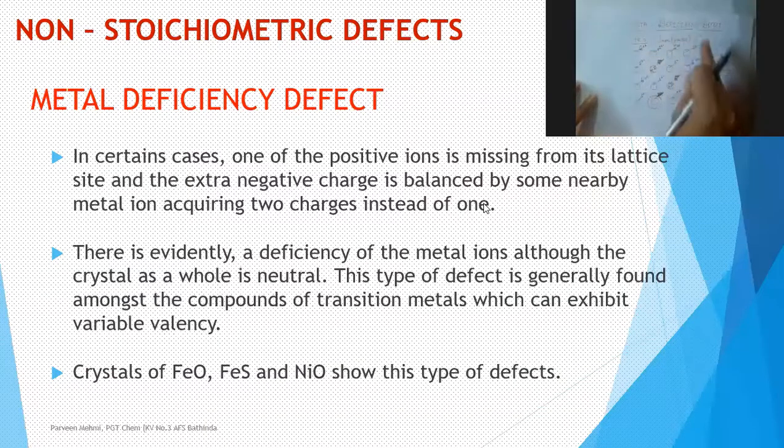So there is evidently a deficiency of metal ions, although the crystal as a whole is neutral. This type of defect is generally found amongst compounds of transition metals which can exhibit variable valences. Like in this example also, Fe has 2+ and 3+. Crystals of FeO, FeS and NiO show this type of defect.